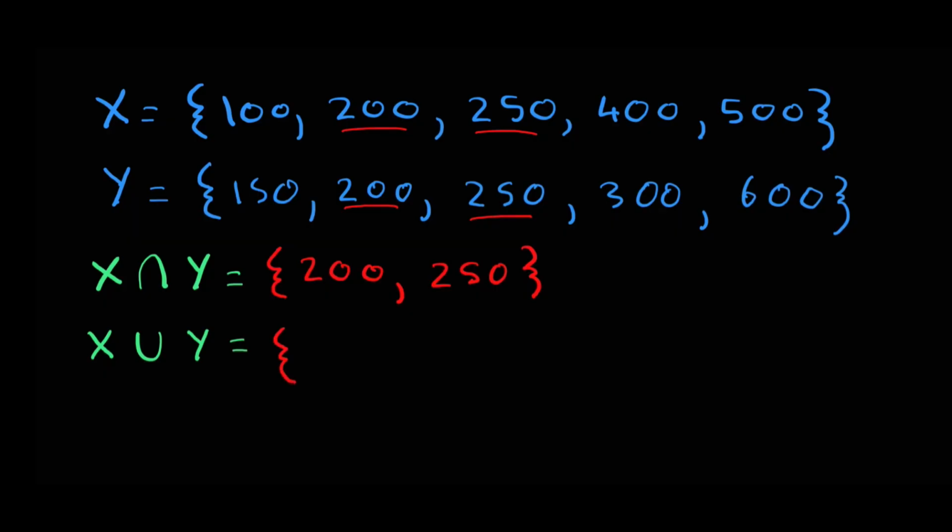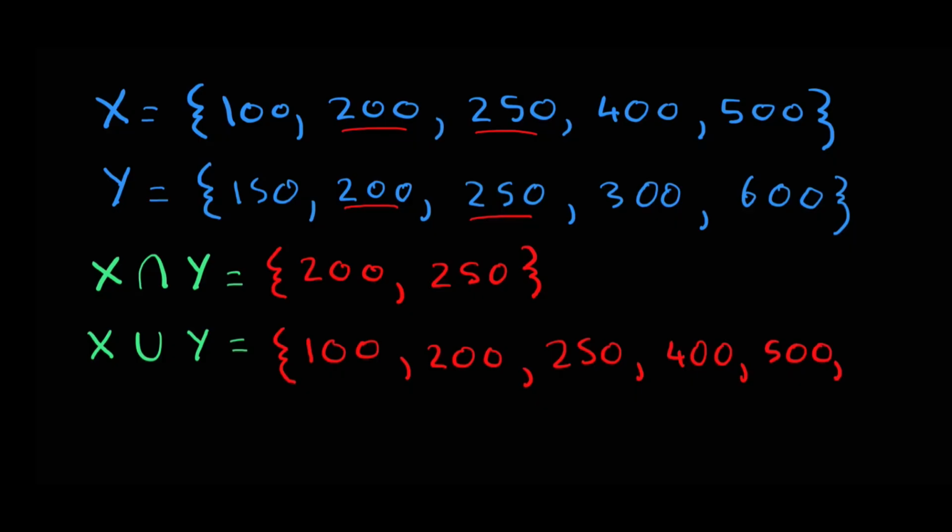Now the union between X and Y is just going to be every single number that appears in either set. So first I'm going to add all the numbers from set X, and that's 100, 200, 250, 400, and 500.